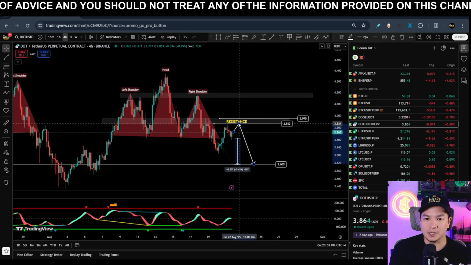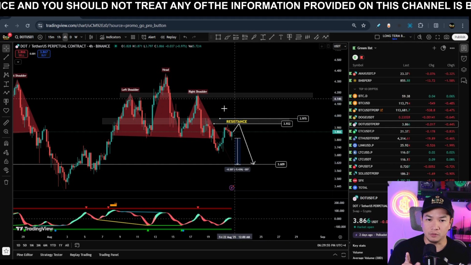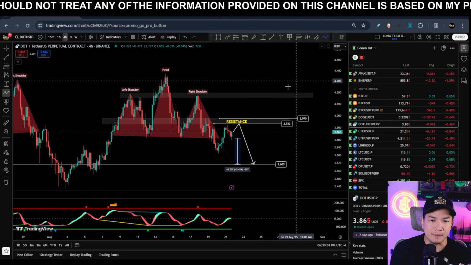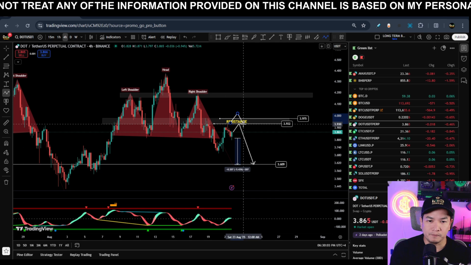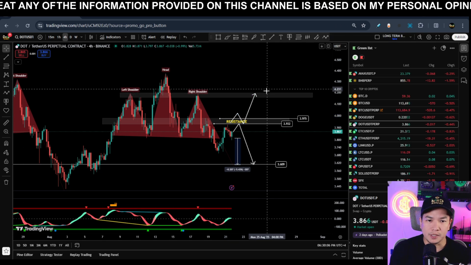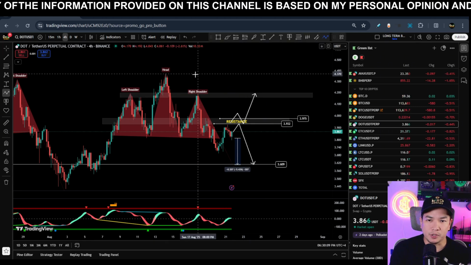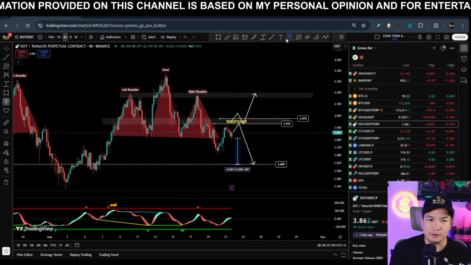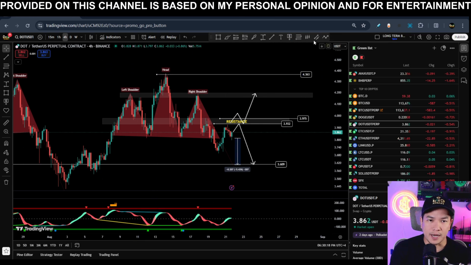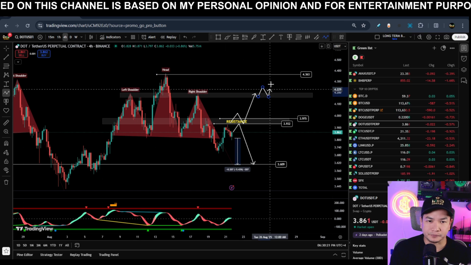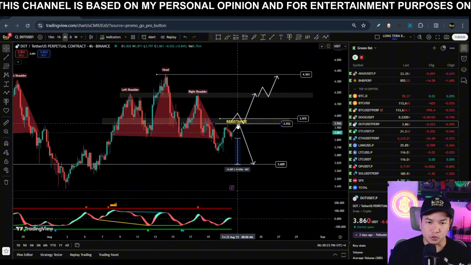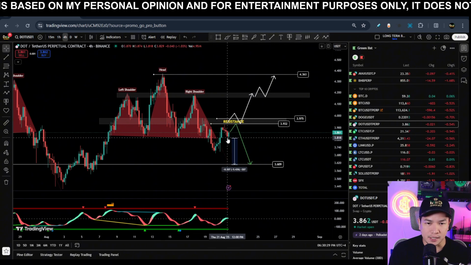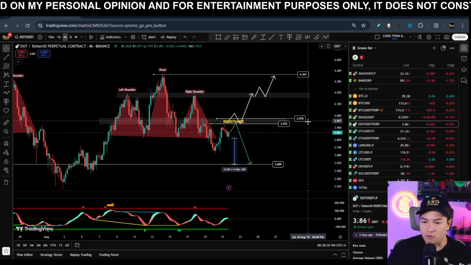But if the daily candle closes above this resistance at 3.9 or $4, then probably we'll look into a higher target, probably around 4.1 up to the previous local top in the 4-hour time frame, which is around $4.3. So this is going to be the target for the immediate short term. But right now, this is going to be the expected price action, guys. This green arrow right here for Polkadot.